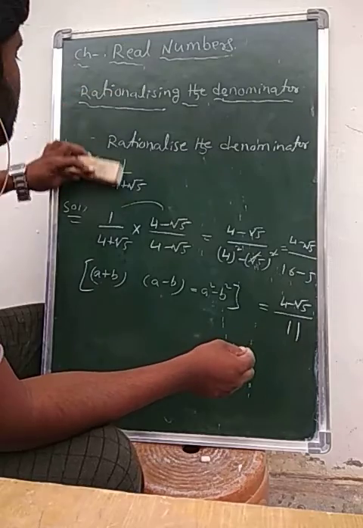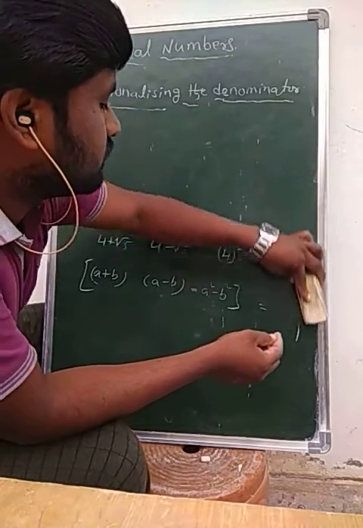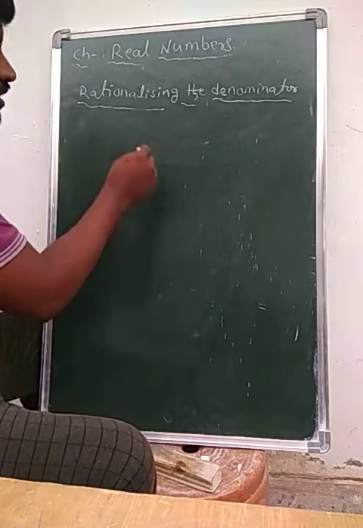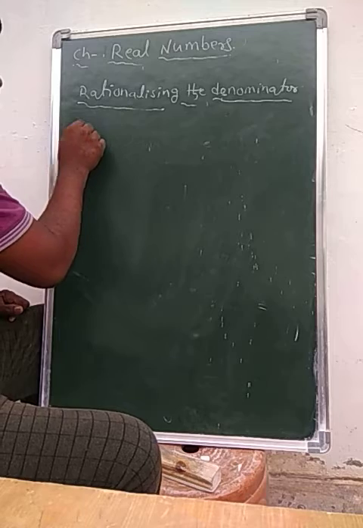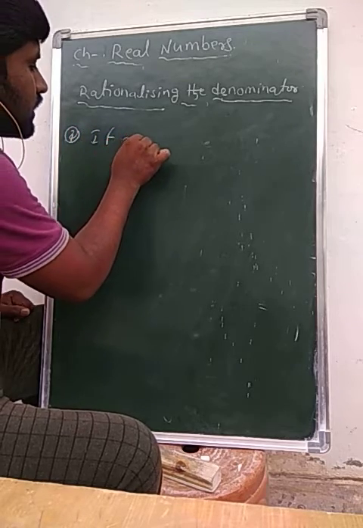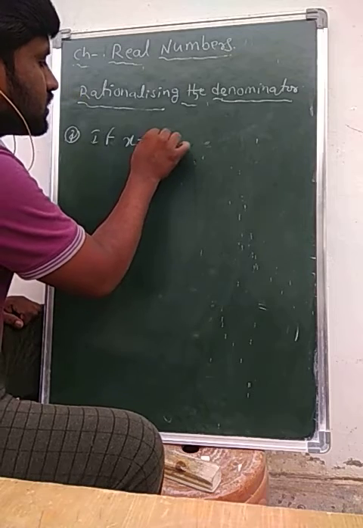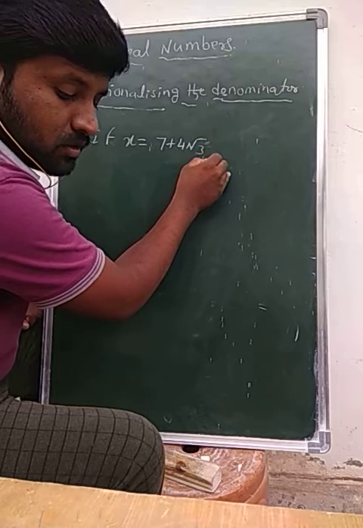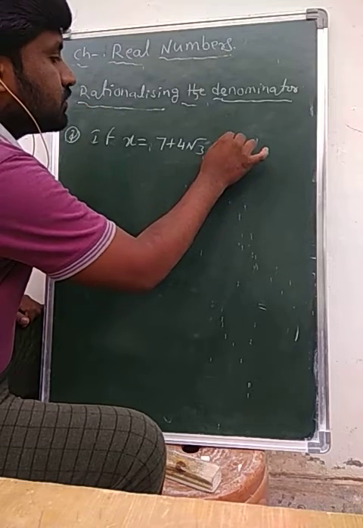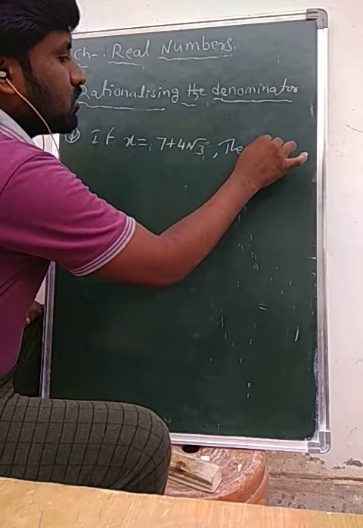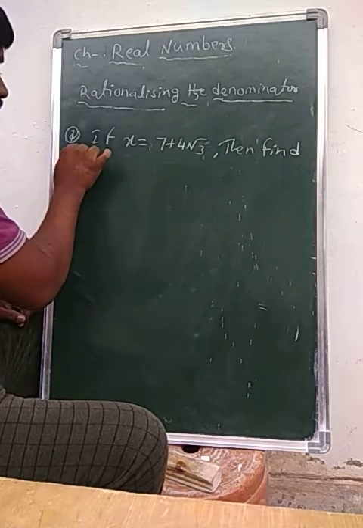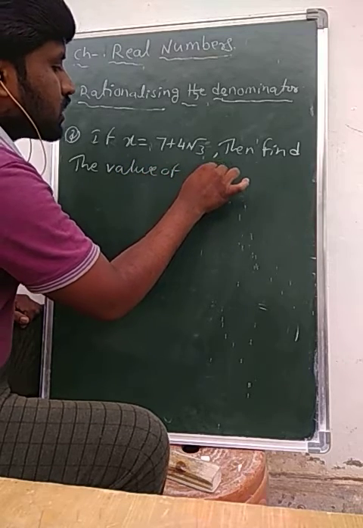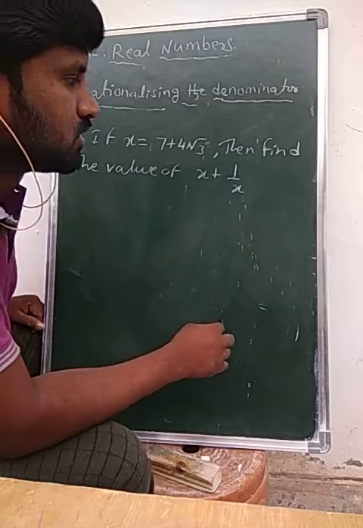Now see one more question based on this model. Question number 2: if x is equal to 7 plus 4 root 3, then find the value of x plus 1 by x.